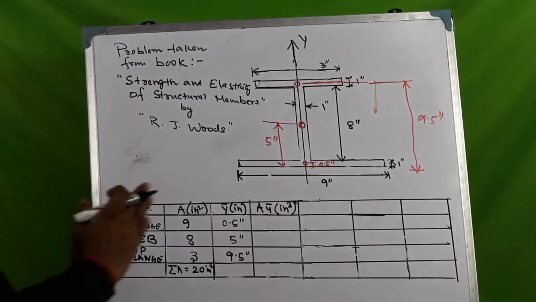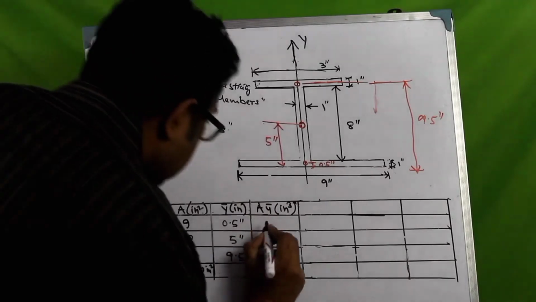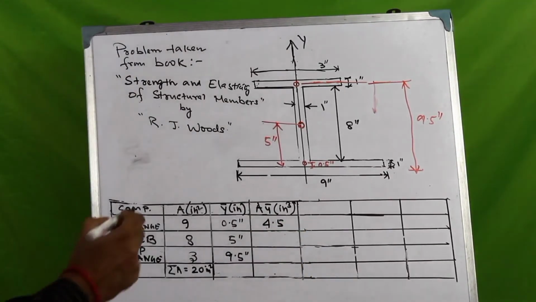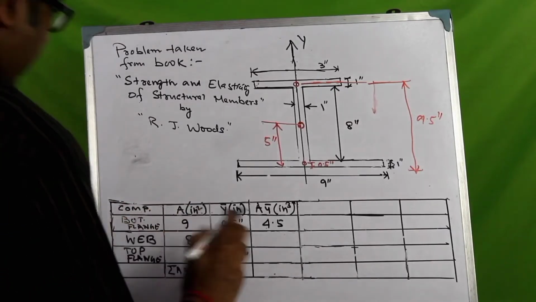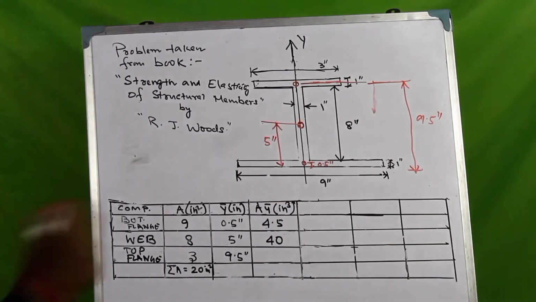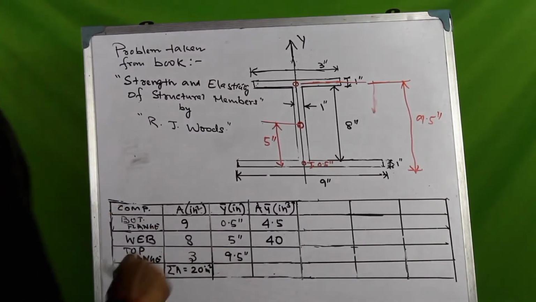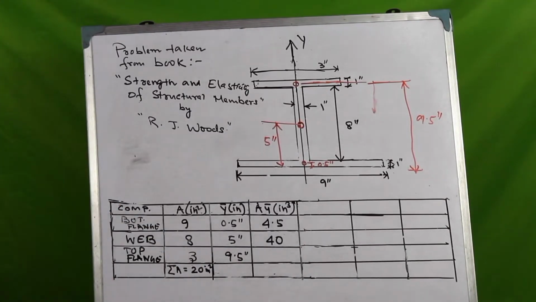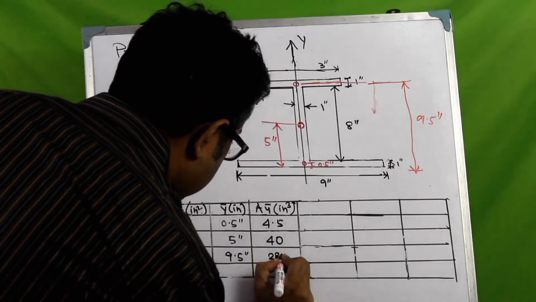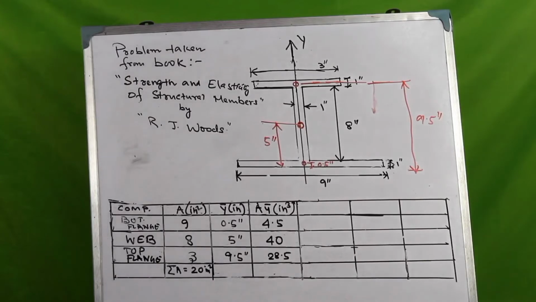So what would be the product of this and this? It would be 4.5 cubic inch. For the web it would be 40 cubic inch, and for the top flange it would be 9.5 into 3, which is 28.5 cubic inch.